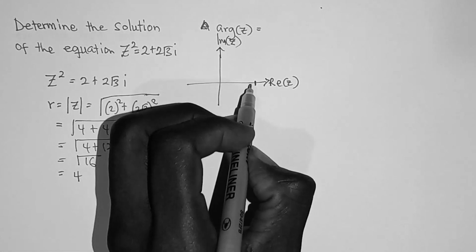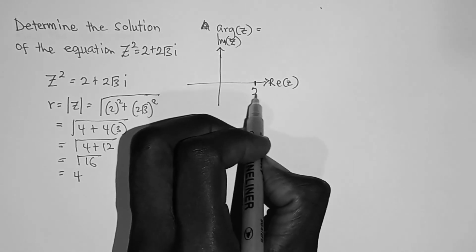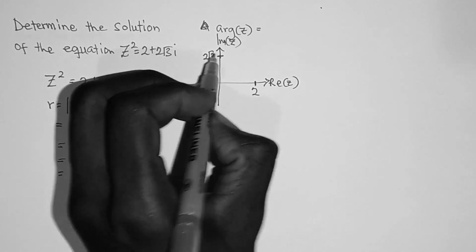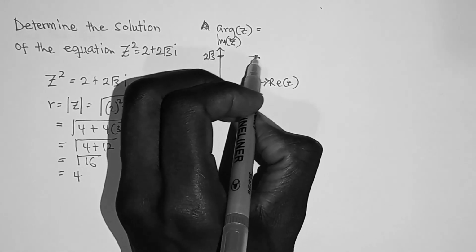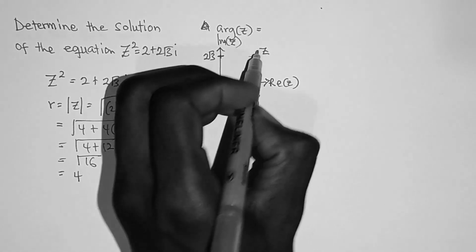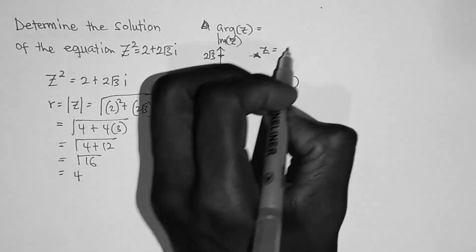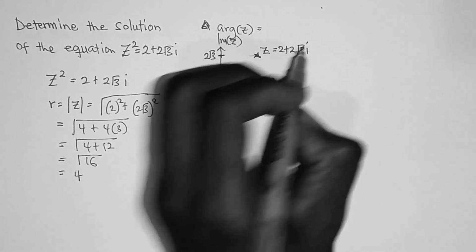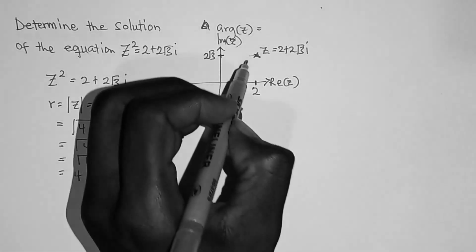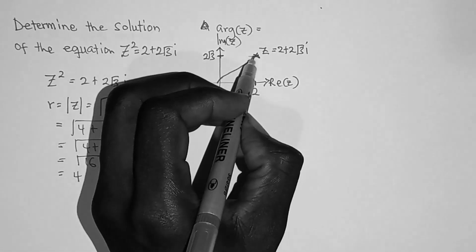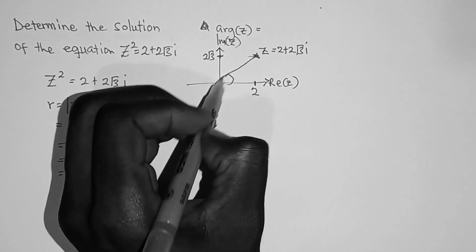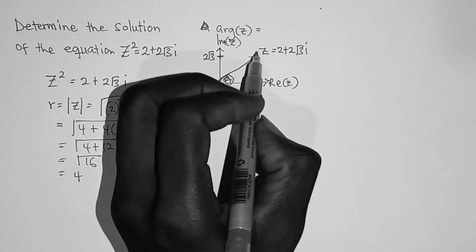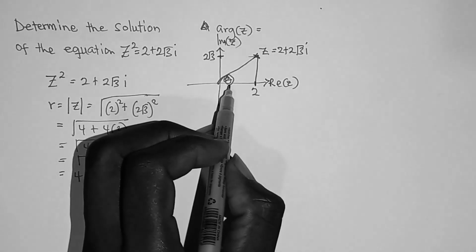Let's assume here is 2, and here is 2 root 3. And 2 plus 2 root 3i will be somewhere here. So this place is z equals 2 plus 2 root 3i. So let's draw this line. It makes an angle theta with this, and let's complete it.